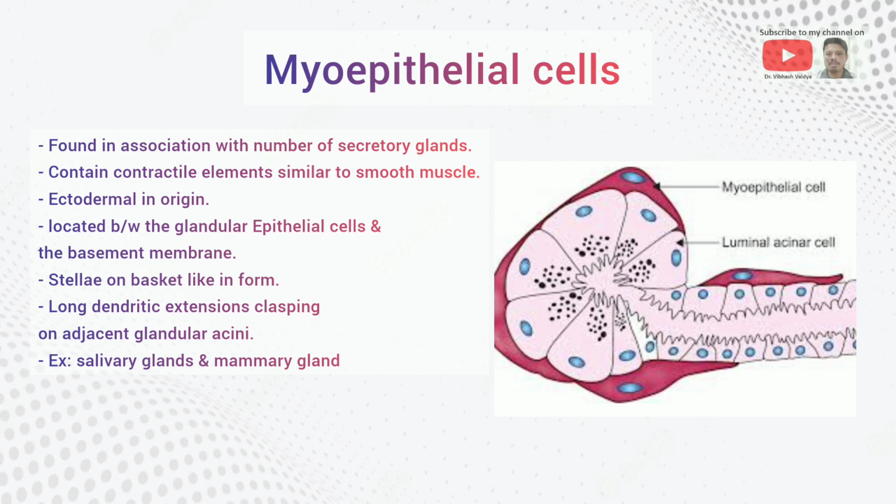The cells are located between the glandular epithelial cells and the basement membrane. The myoepithelial cells are stellate or basket-like in form, with long dendritic extensions embracing adjacent glandular acini, for example in the salivary gland and mammary gland.